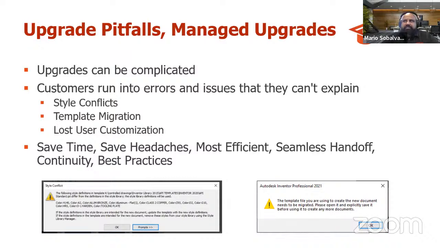And you'll notice, when you come into a newly upgraded environment, open up Inventor and start going through your workflow, you might see style conflicts, which you have an image of here. Templates that haven't been migrated: you try to create a new drawing, and it says, hey, you have to go back and open up your template exclusively and save it within the new version of the software. And again, we spoke about the lost user customization.